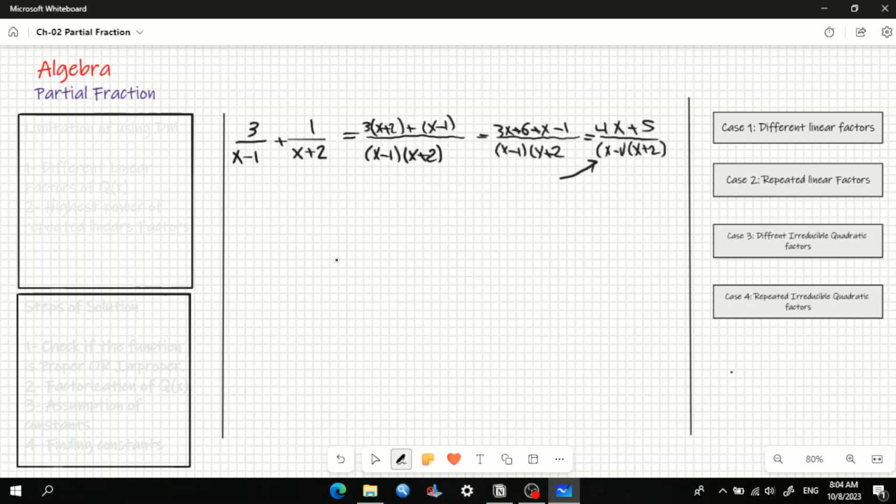So the partial fraction process is the backward of this process. I will give you this fraction and want to obtain these fractions.